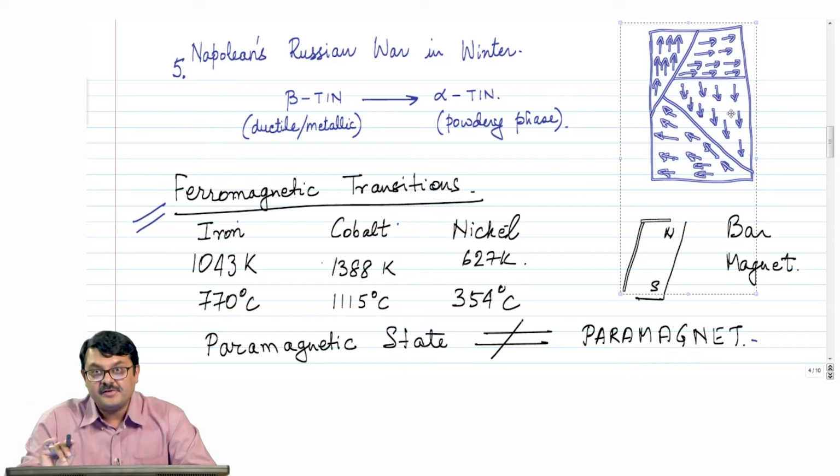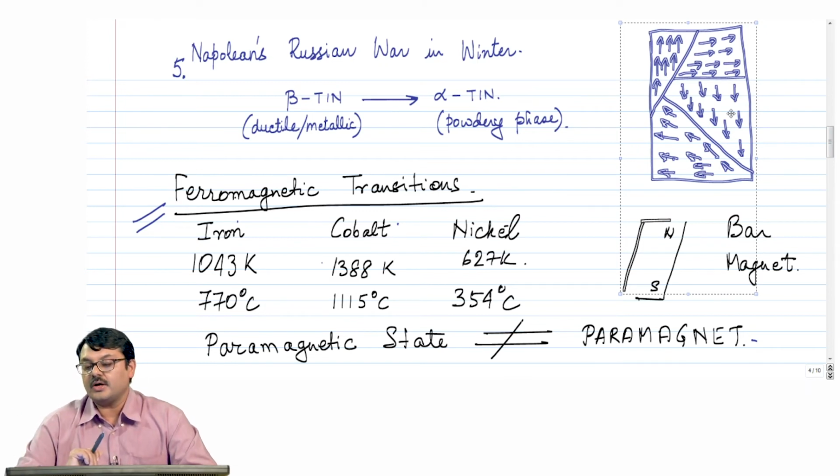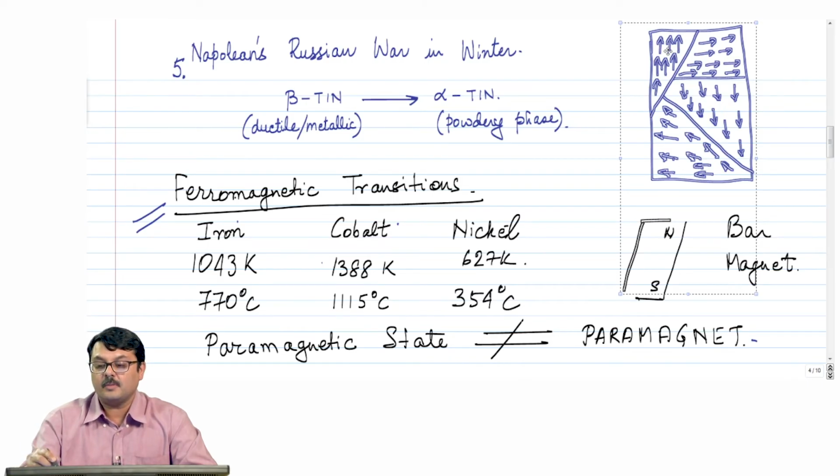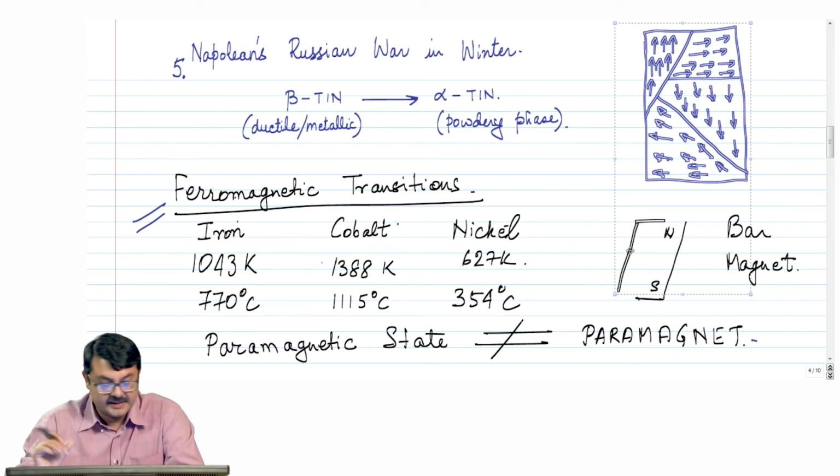So, on average you see no net magnetic moment. But when you apply a DC field, or suppose you stroke a bar magnet with another magnet, then the magnetic moments in these different domains start pointing along the same direction. As a result, you see a magnetized iron.